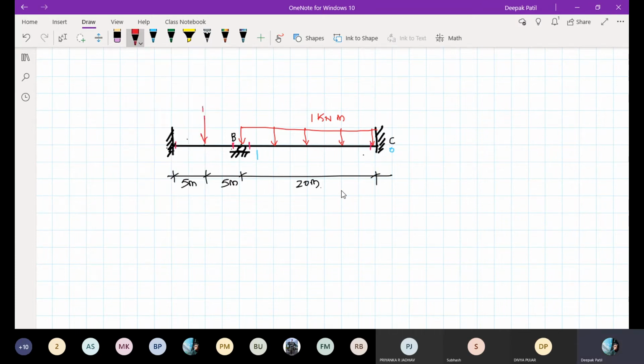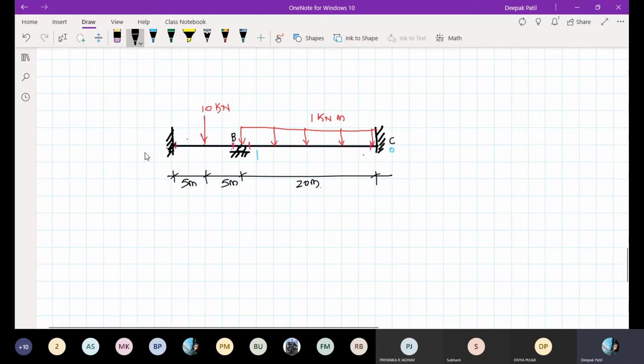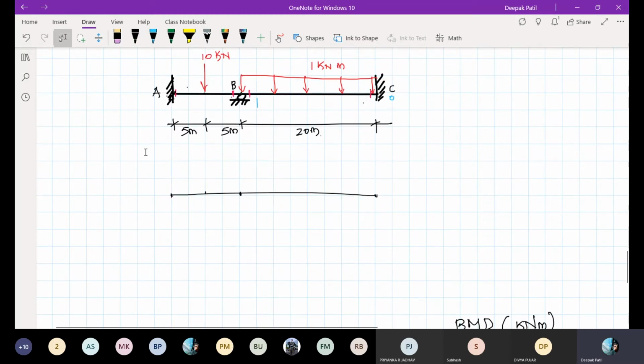So this is 10 kilonewtons, correct? And this is support A. Let me just draw the beam line. So this is A, this is B, and this is C, and this is the load point where the load acts.